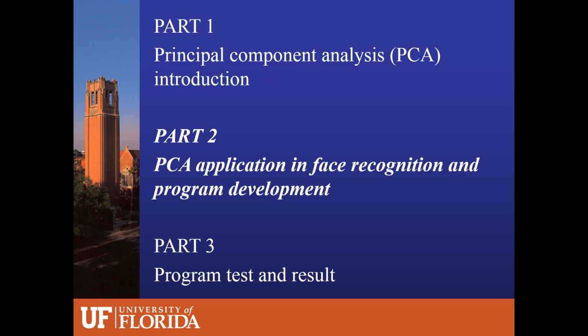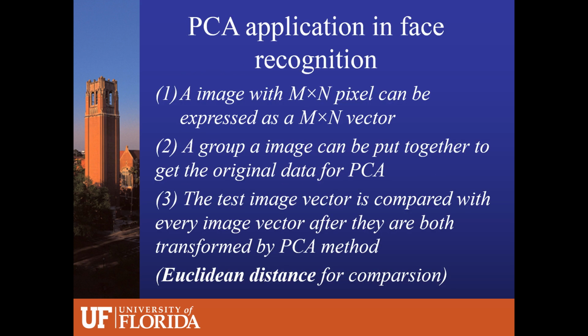Okay, then it's part 2. Part 2 is about PCA application in face recognition and the development of my program. We all know that an image, and we are only talking about a grayscale image here.